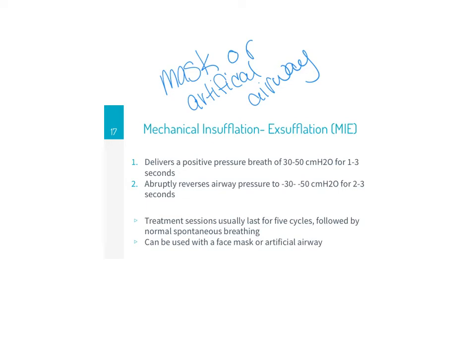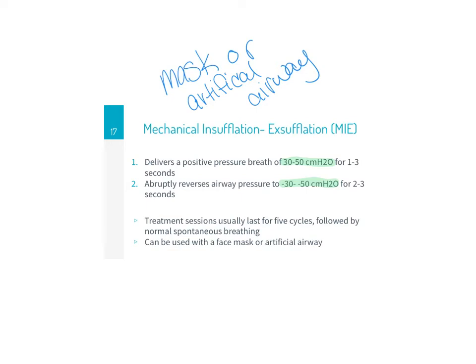So it's going to have a negative pressure of negative 30 to negative 50 centimeters of water pressure for 2 to 3 seconds. So know these pressures for inspiration and expiration. And then also note 1 to 3 for inspiration and 2 to 3 for expiration. So it's keeping a normal I to E ratio or normal-ish.